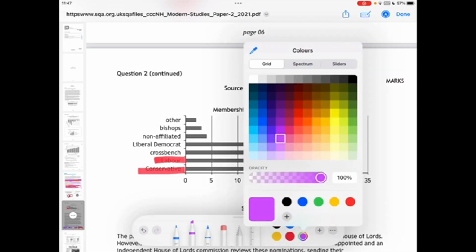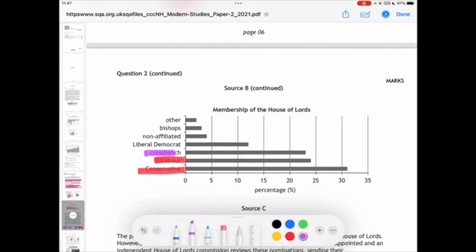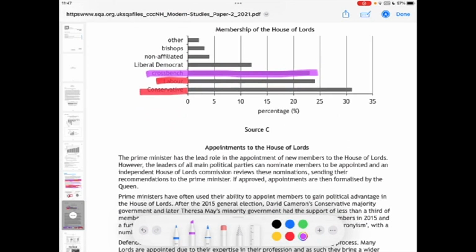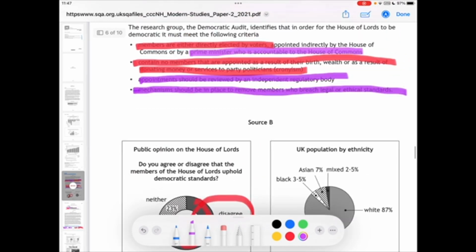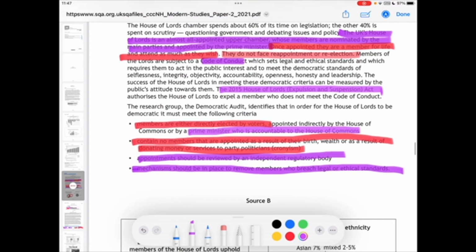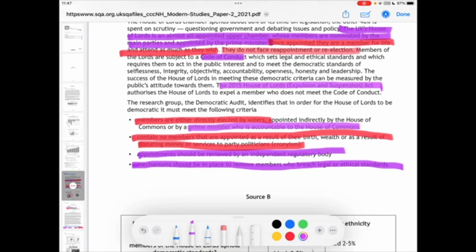Whereas, this one here, 22.5% crossbench. That means 22.5% of the Lords have no party affiliation. So that's good, right? That means they're varied, right? So we can see right away the public disagree it's democratic, and that is pretty problematic. The Lords don't face reselection or reappointment, okay?